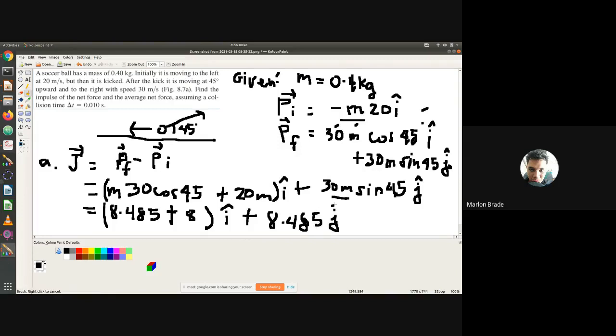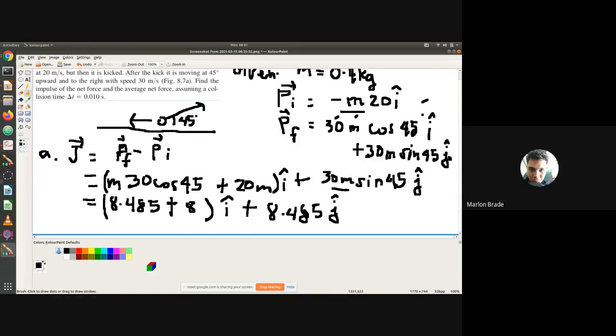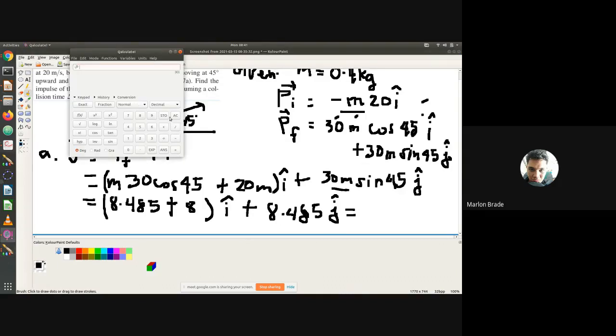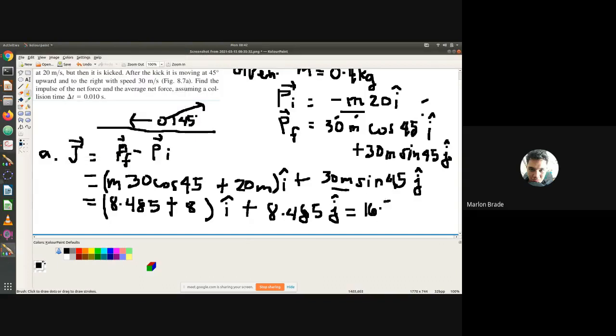So muna niya ato ang impulse. So ang impulse karon is equal to 8.485 plus 8. So ako na lang siyang i-round off. So i-let ko ng 16.5. So the unit is Newton second. And the direction ani is along I hat.